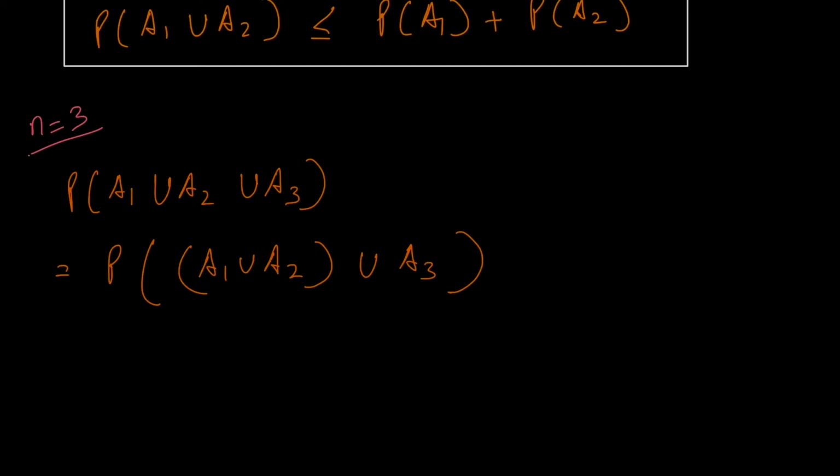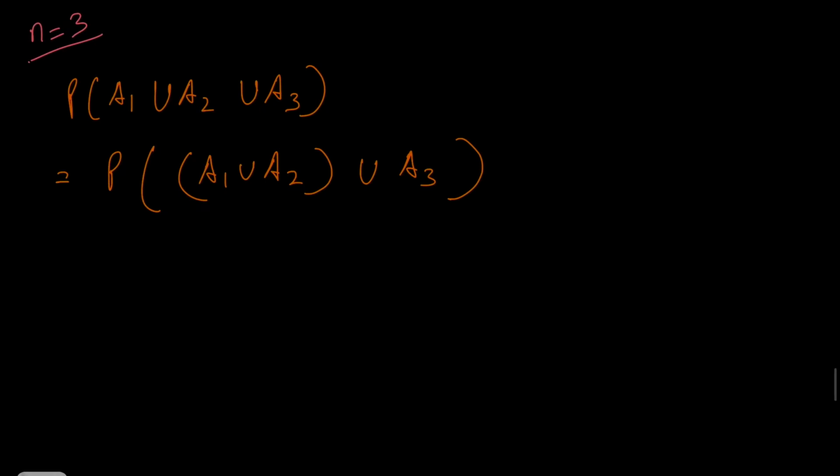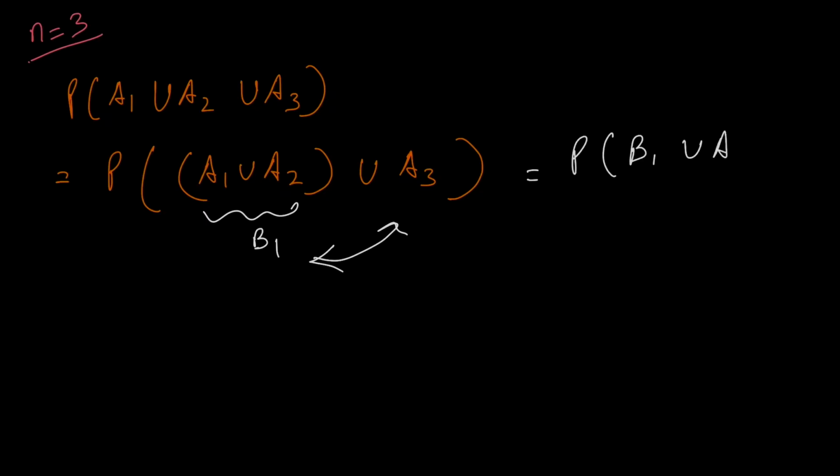I am defining this one as one event and this one as another event. So there are two events. Let's say this is an event B1. Then B1 and A3 make it P of B1 union A3.